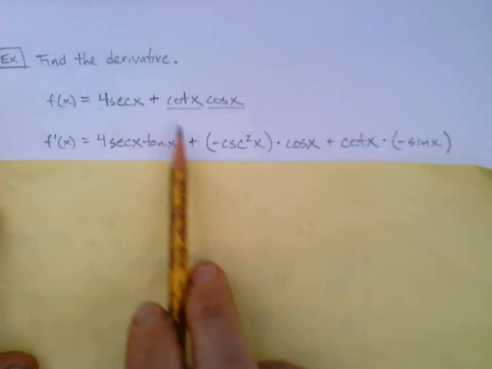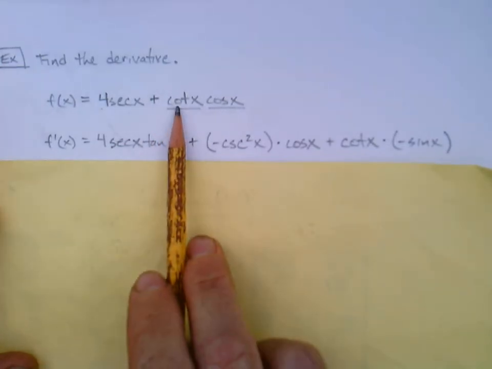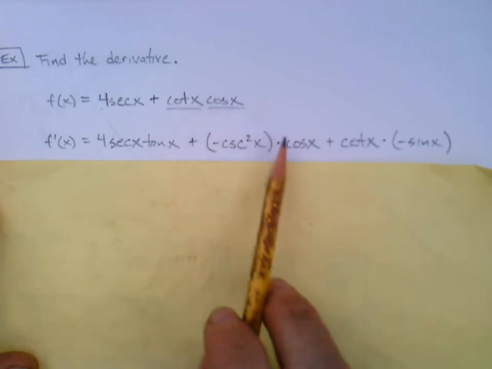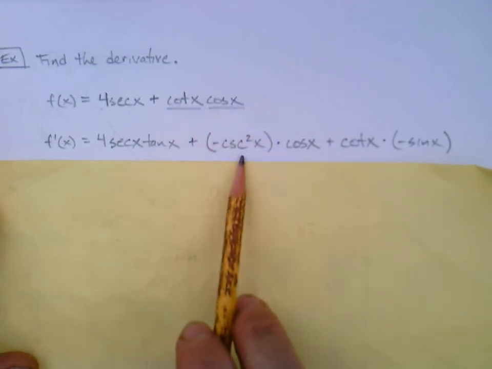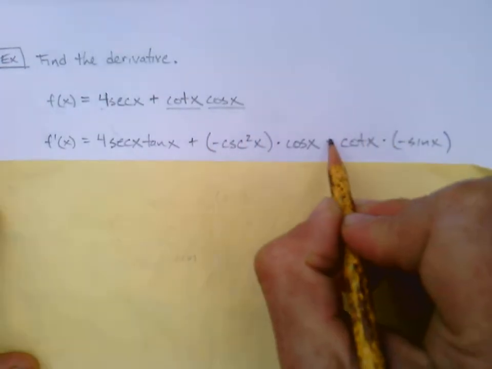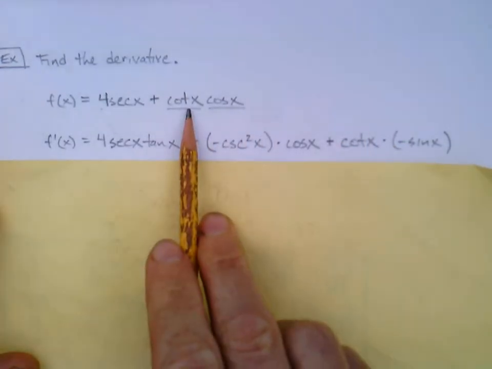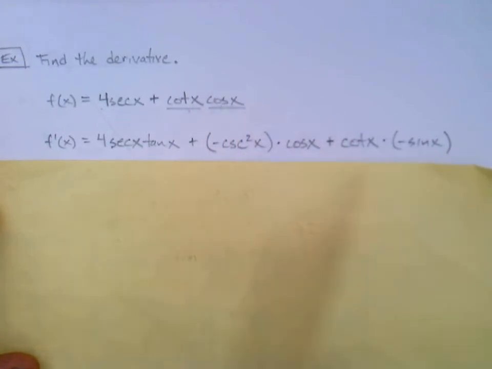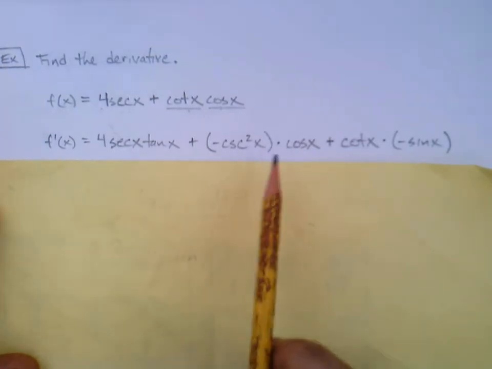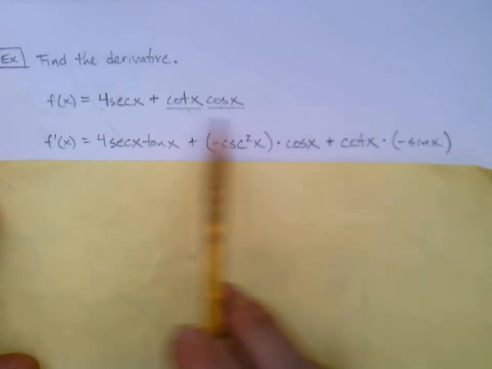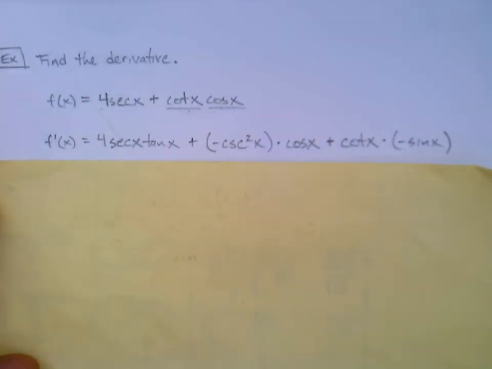Okay, plus, we've got a product, so derivative of the first times the second: derivative there, negative cosecant squared, and then we copy, plus copy cotangent x times that derivative, negative sine x. And you know what? If this was on a test and you wanted to circle this answer right here as the non-simplified version, I think that's wonderful.